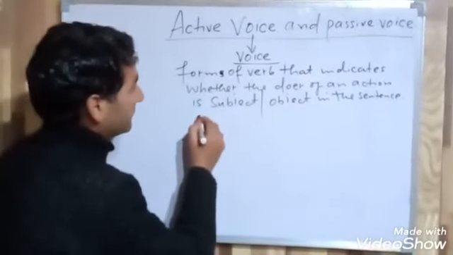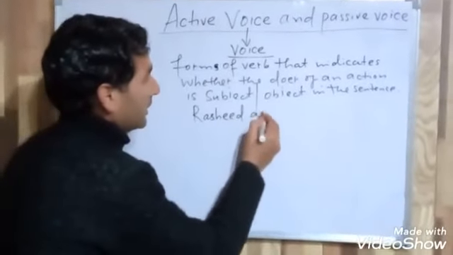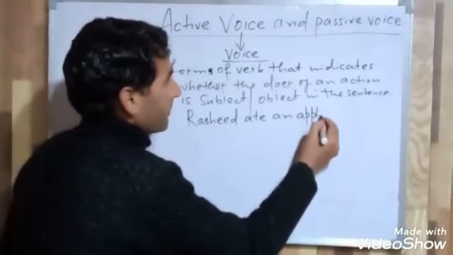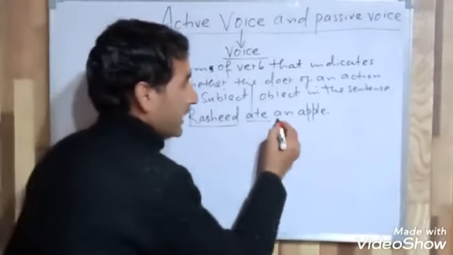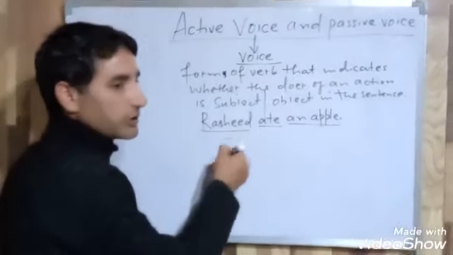For example, Rashid ate an apple. Here Rashid is subject, ate is verb, and an apple is object. Here Rashid is subject and Rashid is the doer.